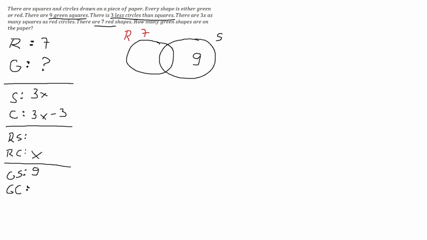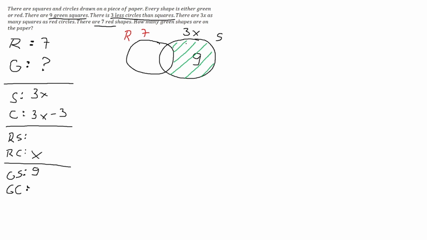These 9 squares belong to this part of the Venn diagram, not to the intersection. Why? Well, because elements which are in the intersection need to correspond to both sets. So first of all, they have to be a square, and second of all, they have to be red. We also know that there are 3x squares.